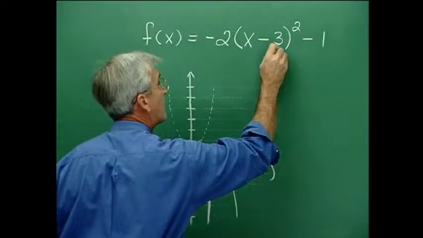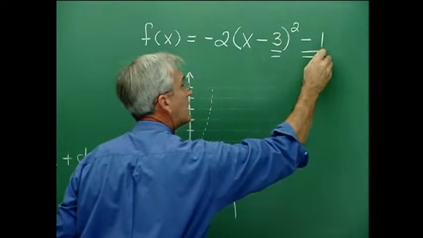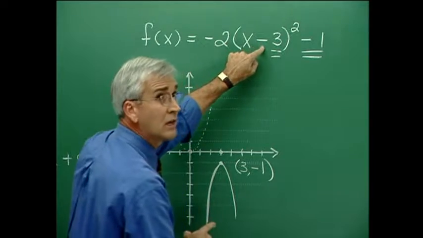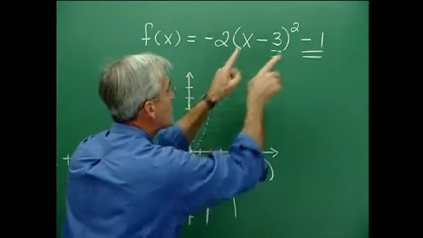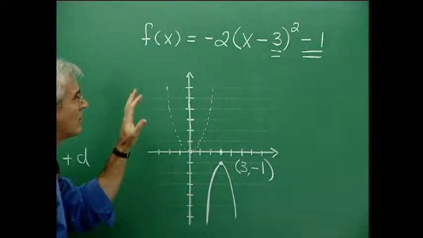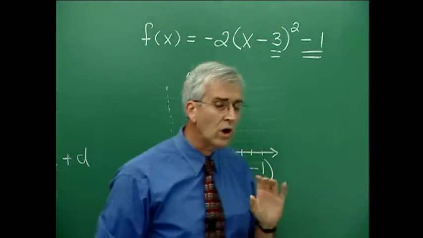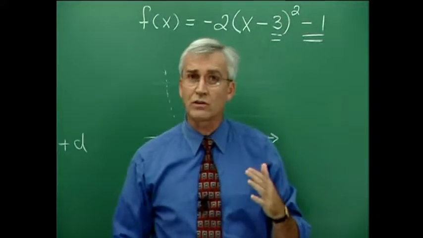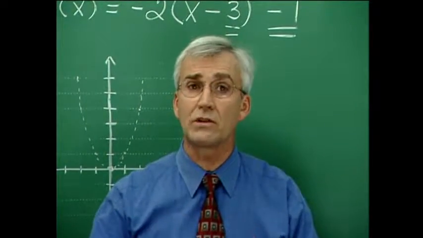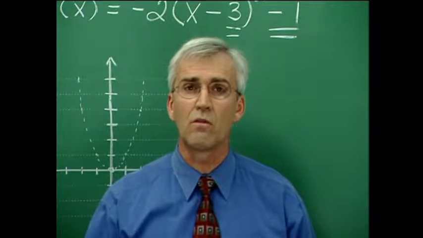And notice we have 3 here and -1 here. Now notice that the 3 is a number that follows a minus sign. So the coordinates of the vertex can be found in this form. Now, this form of a quadratic function is called the standard form. And it's called the standard form because we have information about graphing with standard forms.